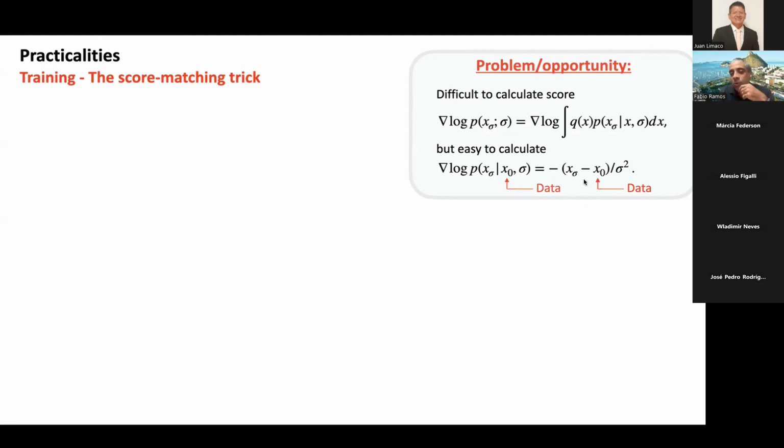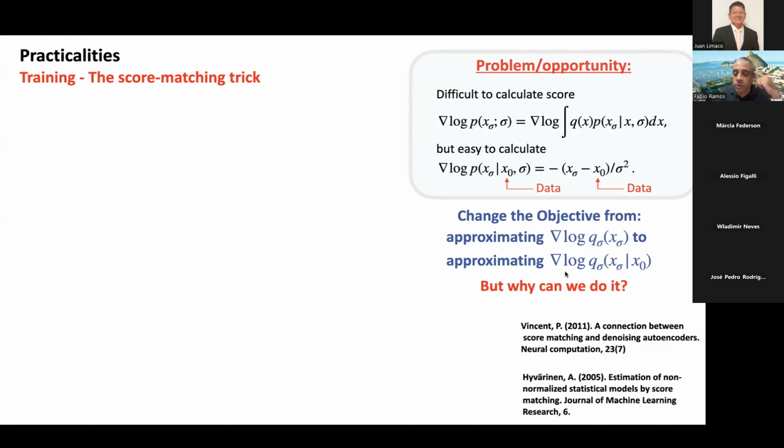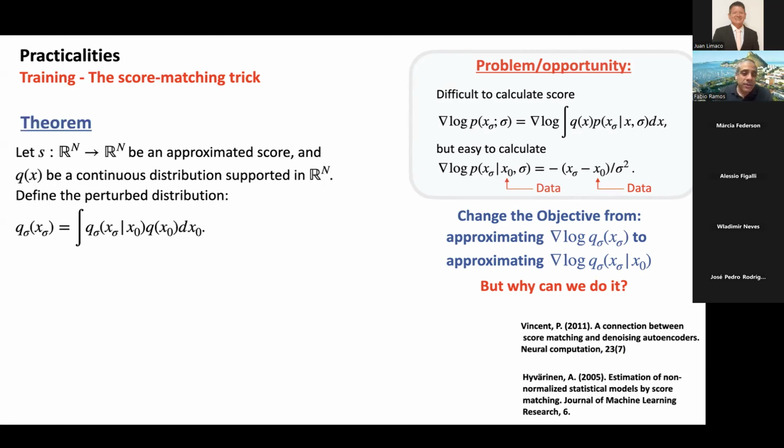So here we have an opportunity. If I change the objective from approximating this to approximating that, it would be easy. But why can we do it? That's a beautiful result by Vincent and before that Hyvarinen: you can do this because of this theorem.